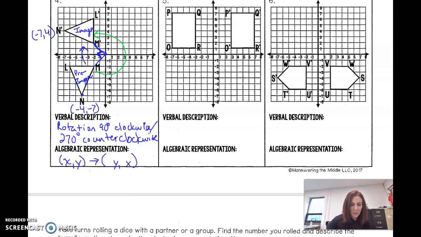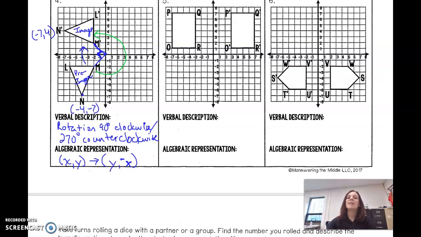And my y here stayed the same, but my x became its opposite. So we're going to say the opposite of x. So it's going to be (y, opposite x). Whatever this y value is, just move it to the x spot. Whatever this x value is, take the opposite and move it to the y spot. Okay, so we have opposite of x.